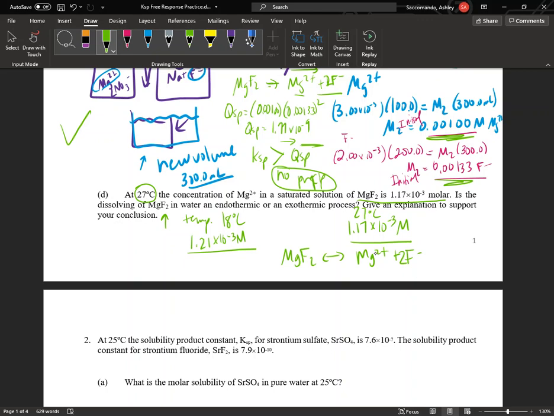If we increase heat and we get more solid because it's less soluble, which means we have more of the solid, where is the heat located? Is it a reactant or is it a product? It's a product. Heat's over here. That's right. So it shifts that way when you add in heat.